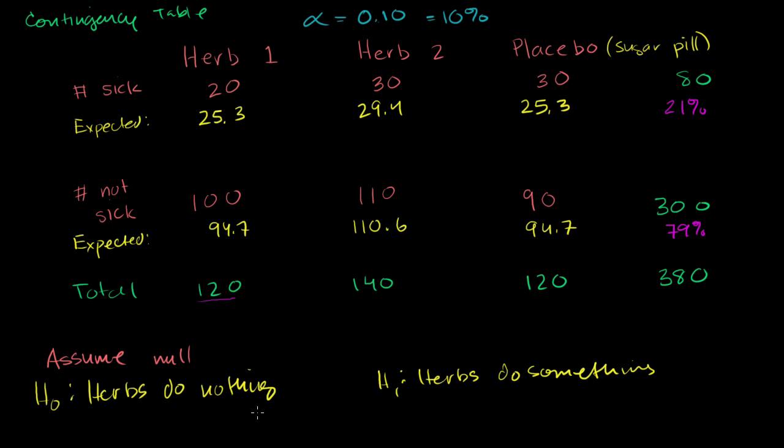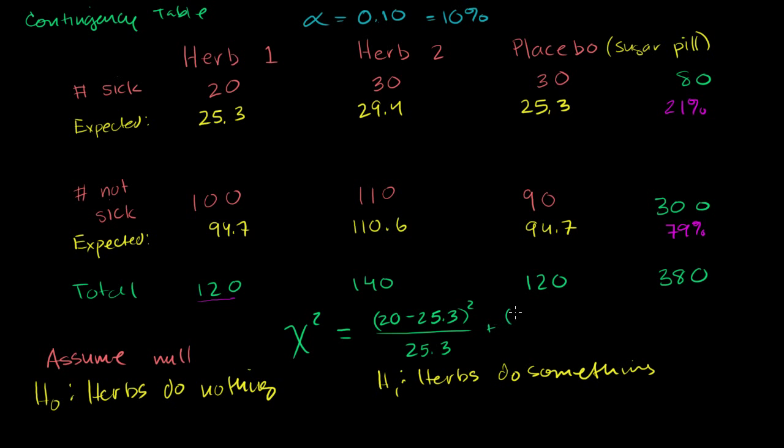Actually, let me write the curly X, just so you see that some people write it with the chi instead of the X. So our chi-square statistic, we're literally just going to find the squared distance between the observed and expected, and then divide it by the expected. So it's going to be 20 minus 25.3 squared over 25.3.